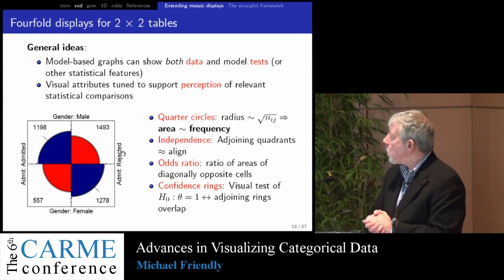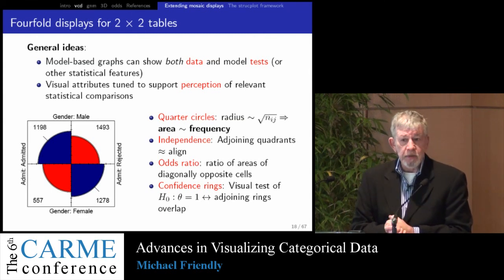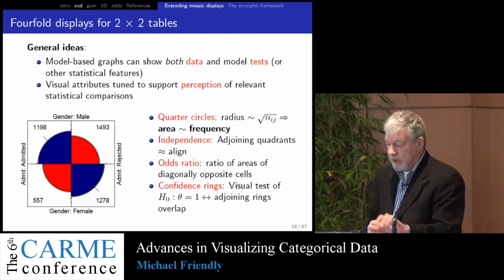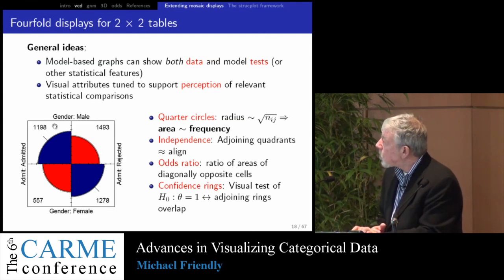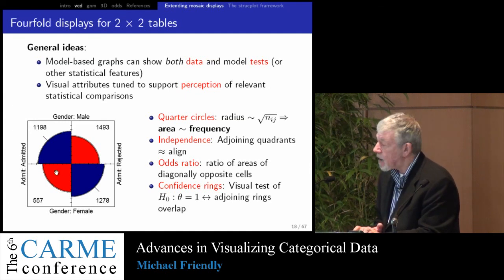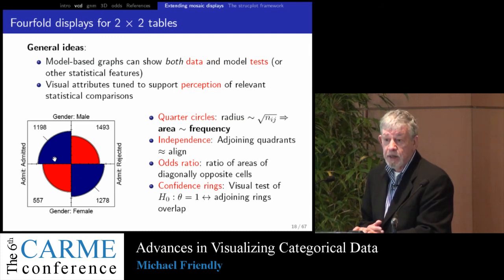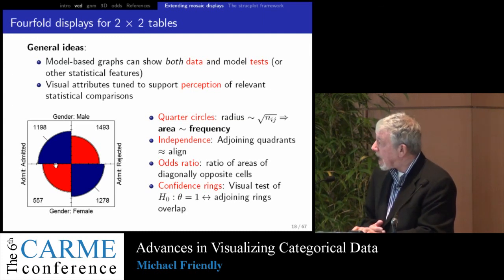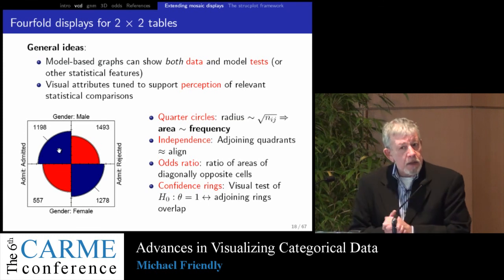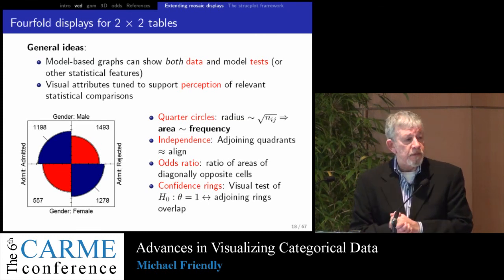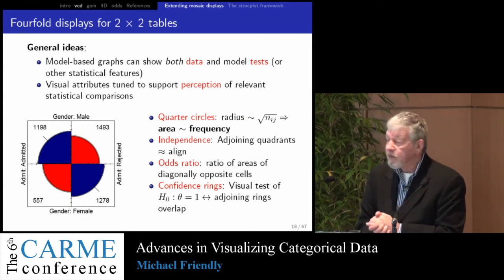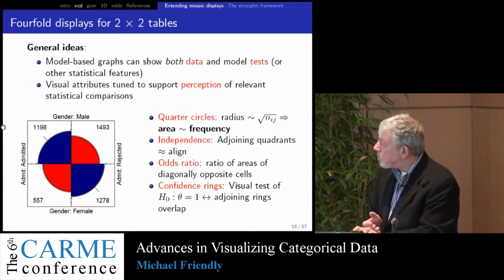Independence is shown when adjoining quadrants are adjacent. So the proportion of males admitted compared to the proportion of females admitted. If there was no difference in admission rates, those two would have the same area. Shading, color, is used to show the direction of positive association, and what we see is males are more likely to be admitted, females more likely to be rejected.